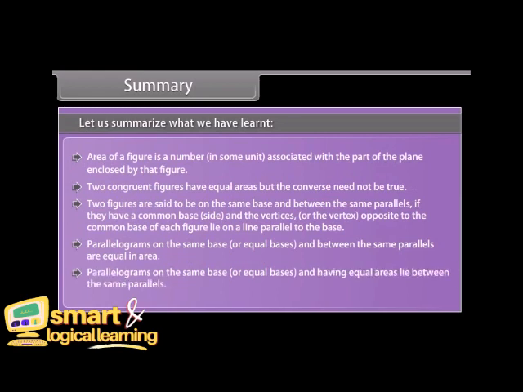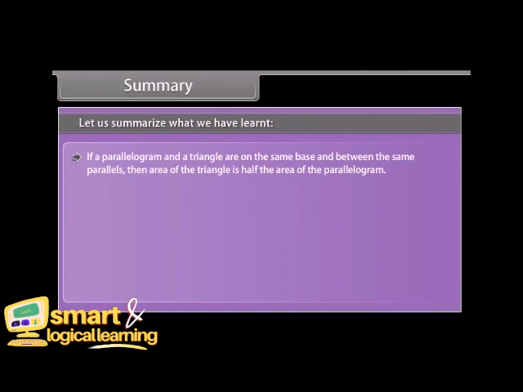Parallelograms on the same base or equal bases and having equal areas lie between the same parallels. If a parallelogram and a triangle are on the same base and between the same parallels, then area of the triangle is half the area of parallelogram.